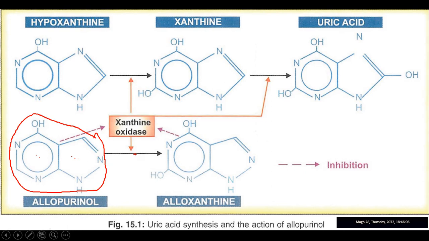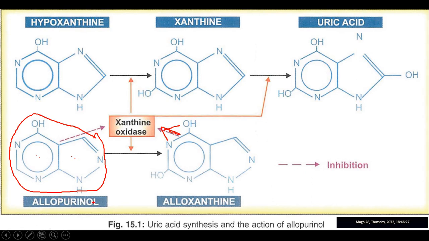It is acted upon by the xanthine oxidase and converted from allopurinol to alloxanthine, and this resultant alloxanthine is a strong inhibitor of xanthine oxidase.